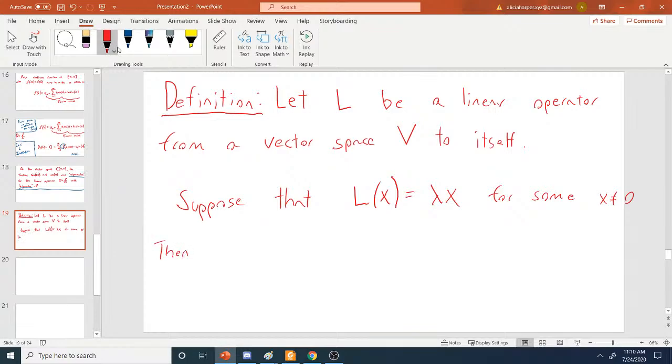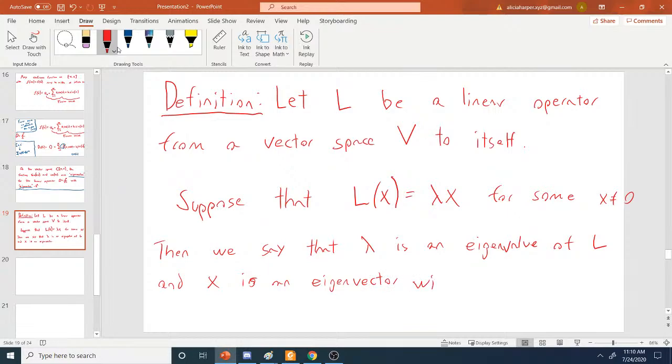Then we say that lambda is an eigenvalue of L, and x is an eigenvector with eigenvalue lambda.